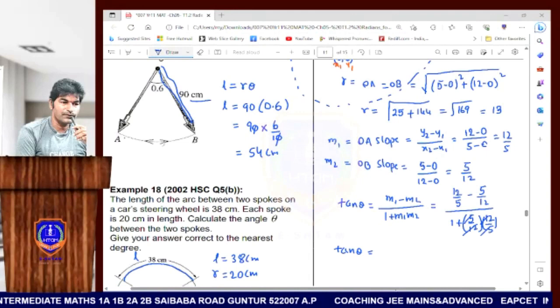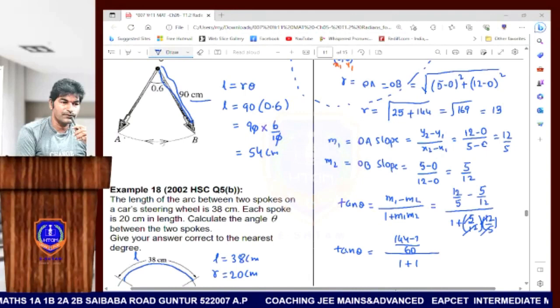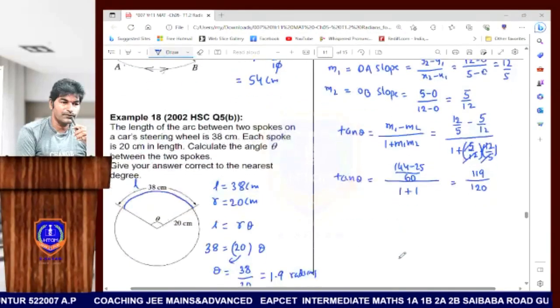So in the denominator you just get 1 plus 1. In the numerator, 12 12s are 144 minus 25. How much? 119. And 1 plus 1 is 2, 2 60s are 120. So 119 by 120.